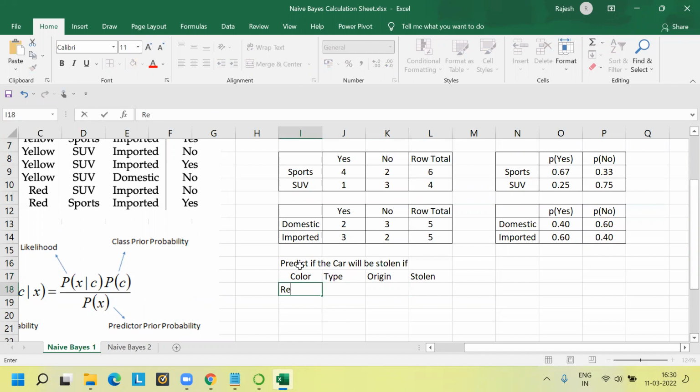If the color is red, if the vehicle is an SUV, and if the origin is domestic, what is the probability? Will it be stolen, yes or no? That is what we have to find out.